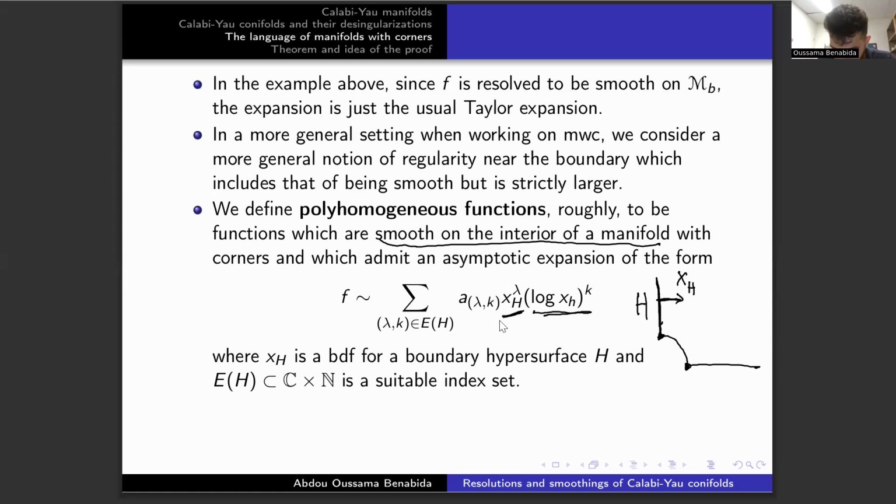So here the lambda and K, the powers, lambda could be complex. The K, the powers in the logarithmic powers, are always natural numbers.